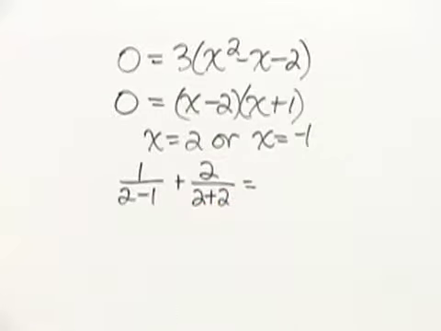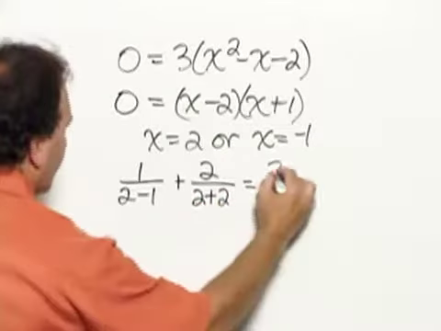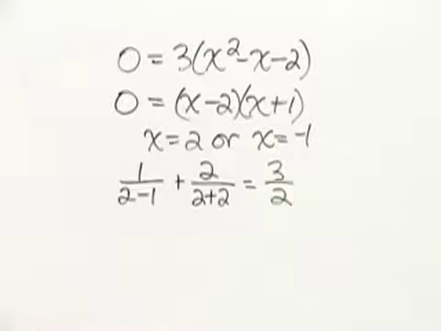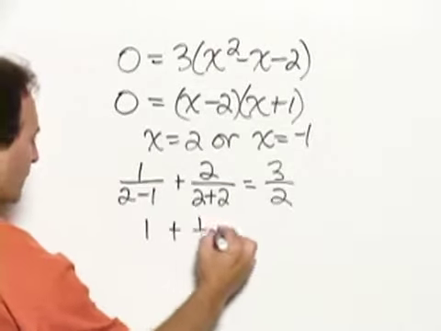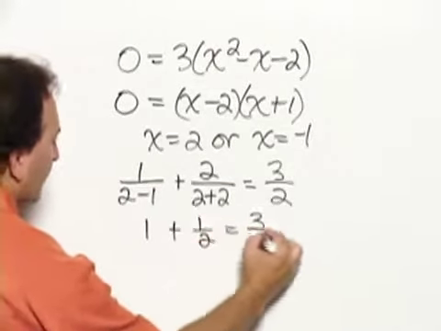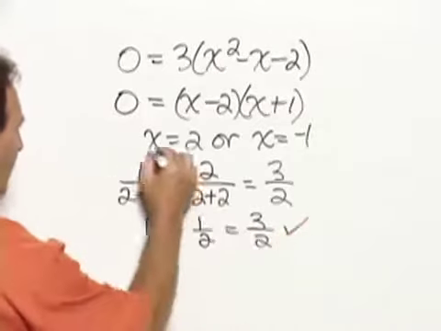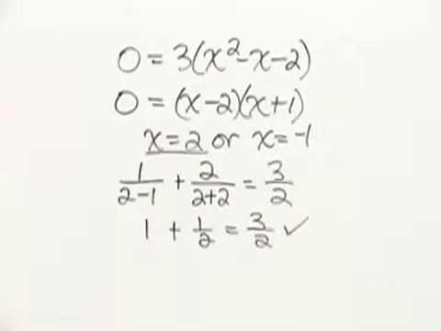And we want to know, does that equal 3/2? Well, in the first fraction, we have 1 over 2 minus 1. That's equal to 1. Plus 2 over 4, which is equal to 1/2. That equals 3/2. So x equals 2 checks.